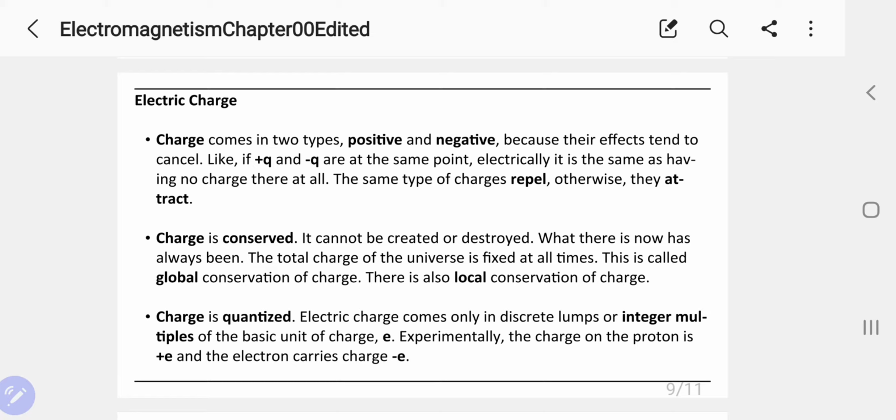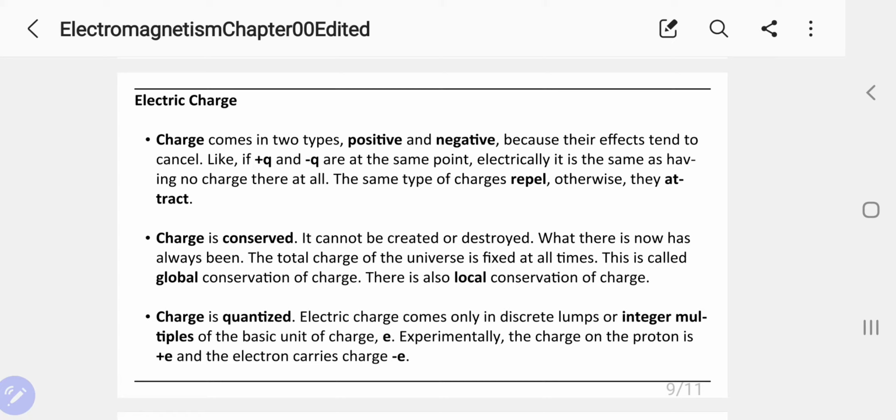For example, your house has a constant charge, or your area has a constant charge. If you get a charge outside, it will affect the charges of, say, a place in New York. It will lose some charge because you've gained some charge. But in your area you also have local conservation of charge.